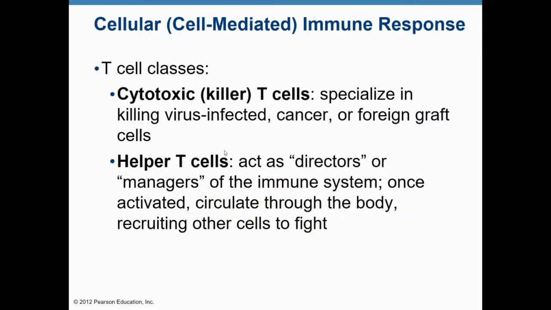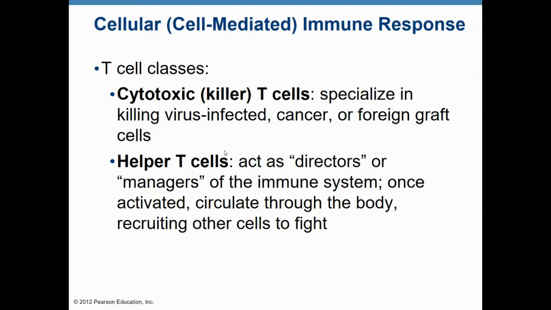So we have a couple of different types of T cells. We have cytotoxic T cells, and they are going to specialize in killing cells that have been infected with viruses, intracellular bacteria, if they've become cancerous, or if they are tissues that have been grafted from another person.